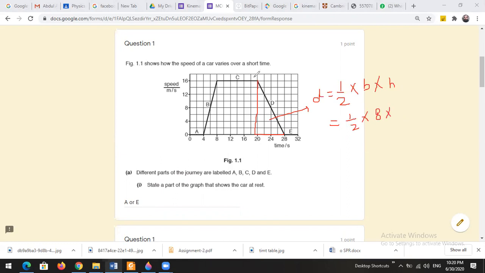And height is 16. So you calculate it, it will give you 64 meters. So this is the process you were supposed to write. First, distance formula, and then insert the values and then find the final value.